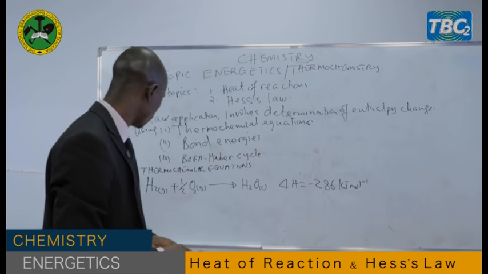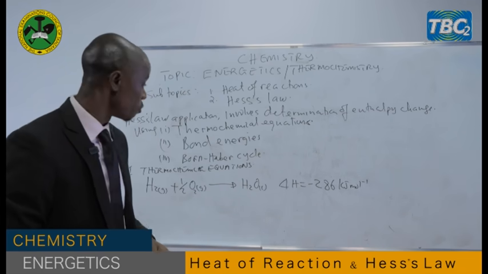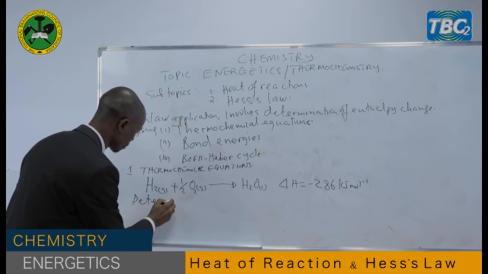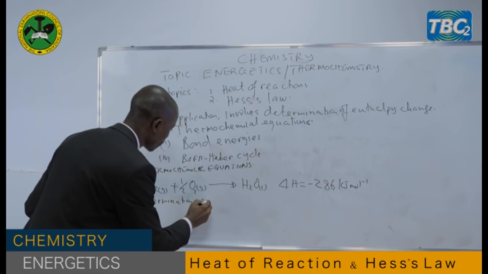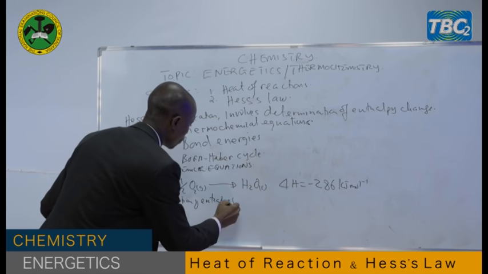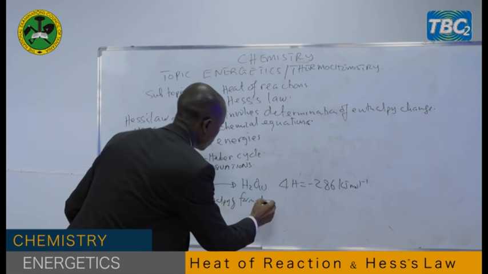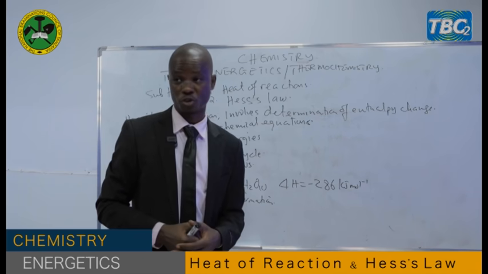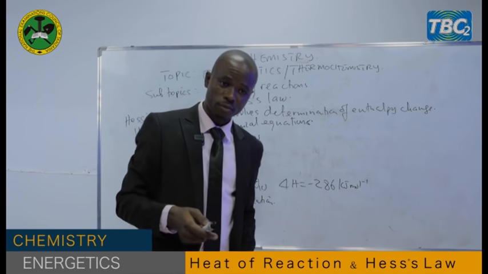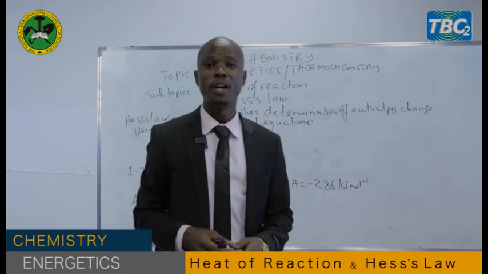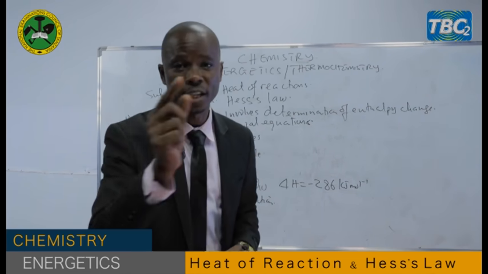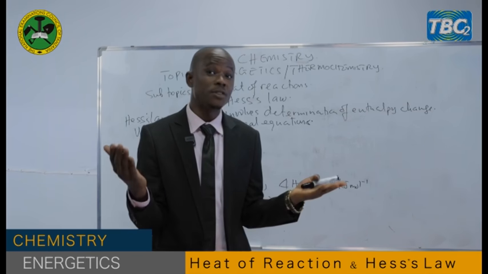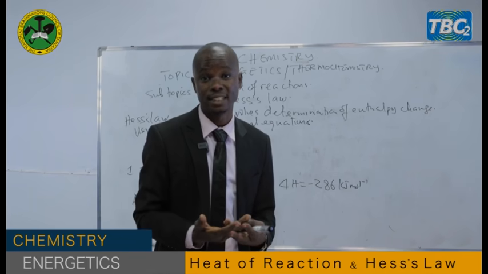My dear students, when you are told, for example, to find the determination of enthalpy of formation using thermochemical equations, you know, the heat of formation of a compound can otherwise not be obtained directly.